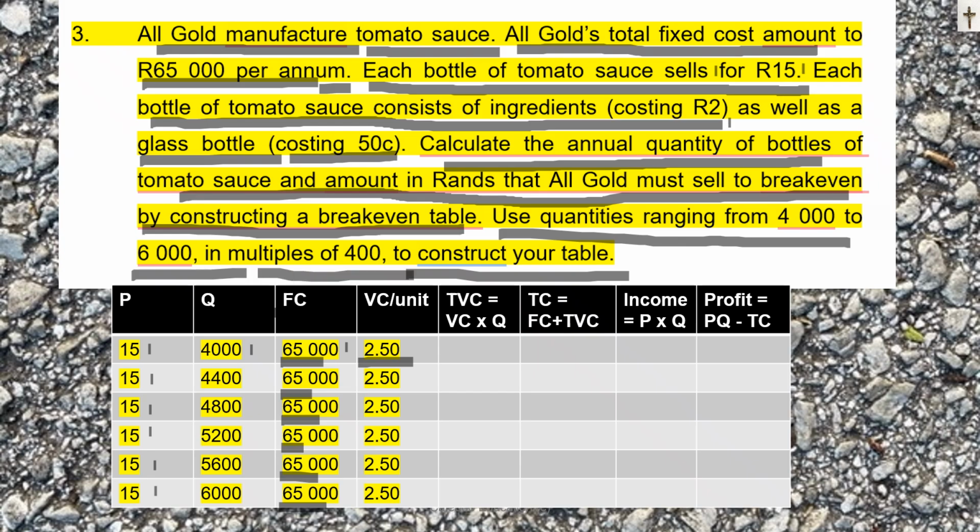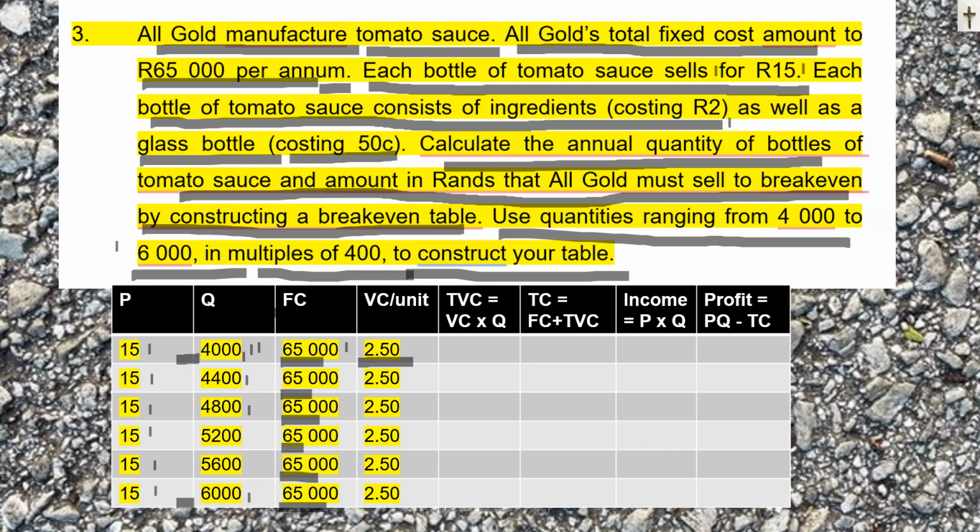So they say use quantities from 4,000 to 6,000, increasing in multiples of 400. So 4,000 plus 400 is 4,400. 4,400 plus 400 is 4,800 until 6,000. Now these are the given variables from this written paragraph above, question 3.